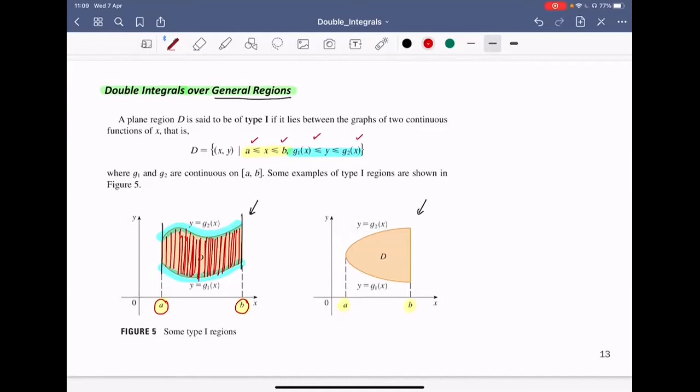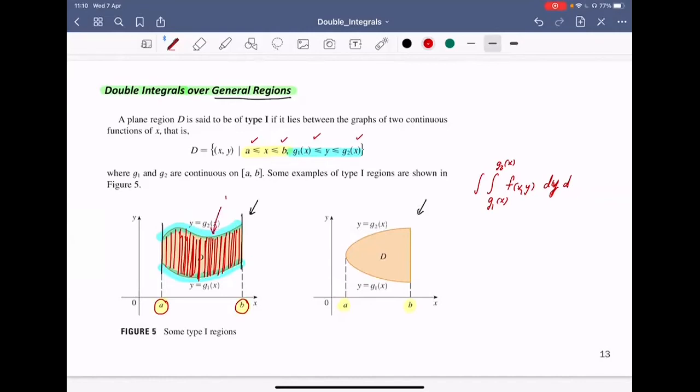In order to do that, when you set up the integral, you need y inside, because you're going to integrate y from g1 to g2. So y is going to start from g1(x), which is the bottom curve, to y equal to g2(x), which is the top curve.